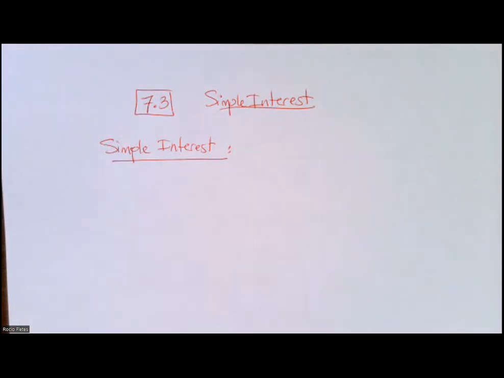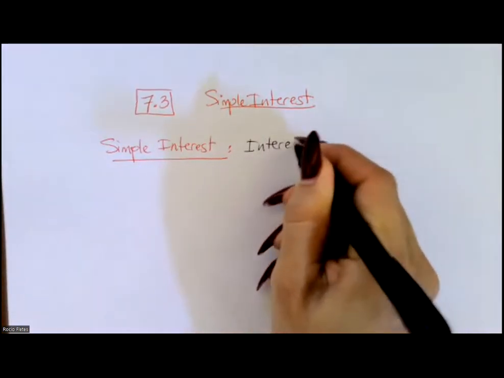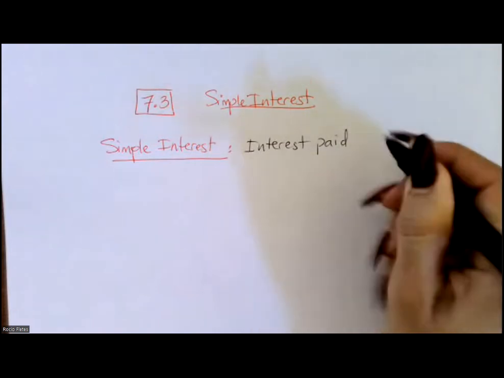Say we open a savings account, and after 1 year we have accumulated interest. Now we're going to get paid on the original principal and the interest that we have already earned. That's compound interest. But simple interest is just interest paid on the principal.